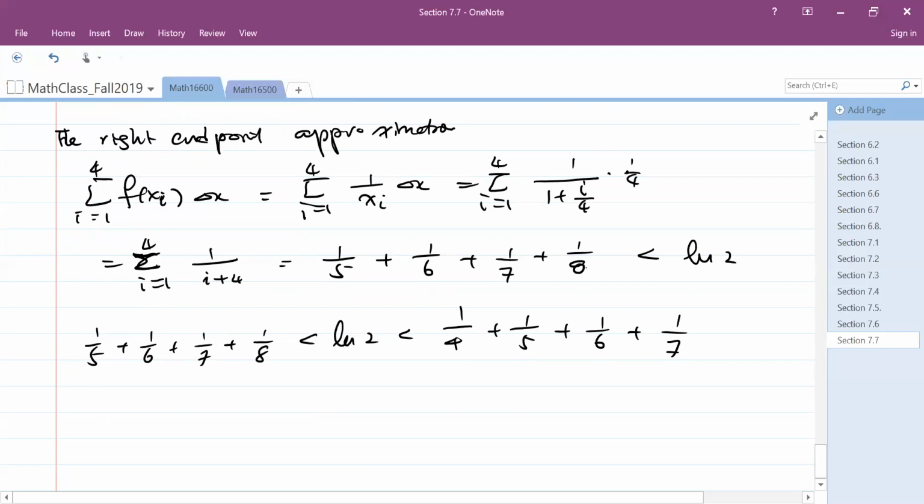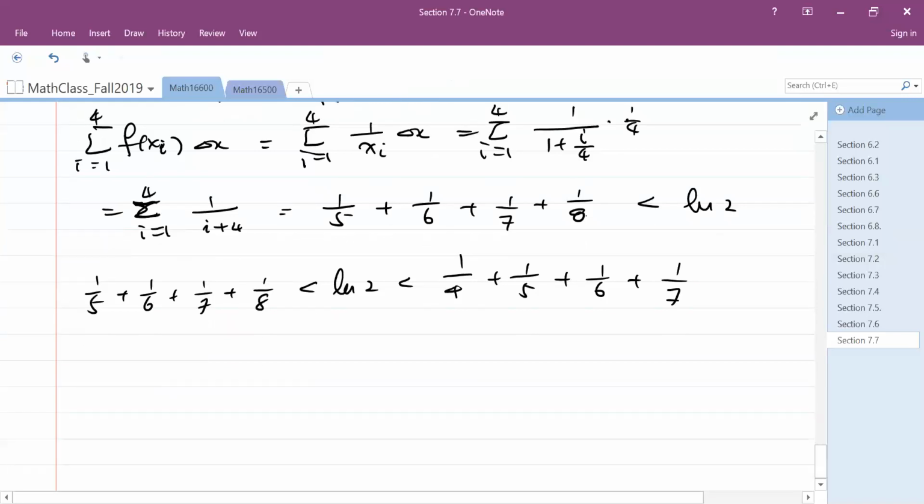Of course, the number on the left side is smaller than the number on the right-hand side. The 5, 6, 7 are the same, but 1 over 8 is definitely smaller than 1 over 4. So natural log of 2 is between them. So let's write down all the possible estimates. For this one, I'm pretty sure I can have an inequality.